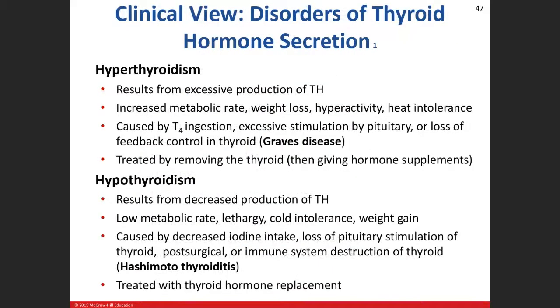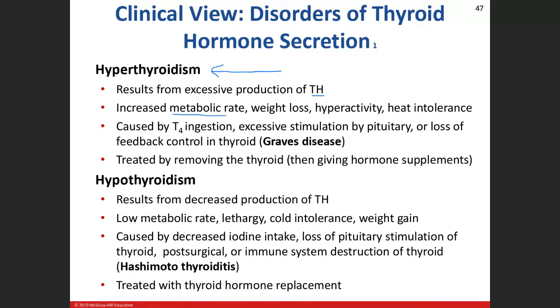All right. So let's talk about a couple disorders of thyroid hormone. All right. Hyperthyroidism. You don't hear as much about it as you do with hypothyroidism. Obviously, we talk about hyper, or we have too much thyroid hormone. And so what we'll see when you're producing too much thyroid hormone is your metabolism take right off.